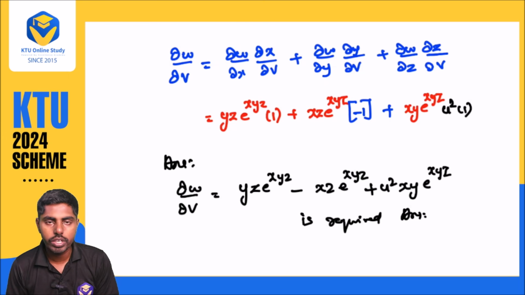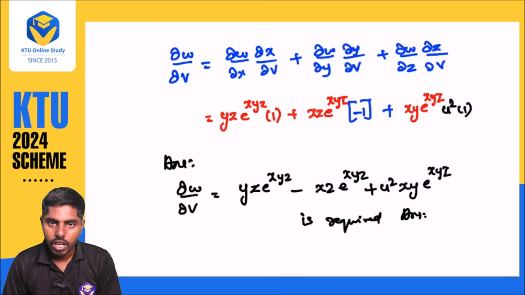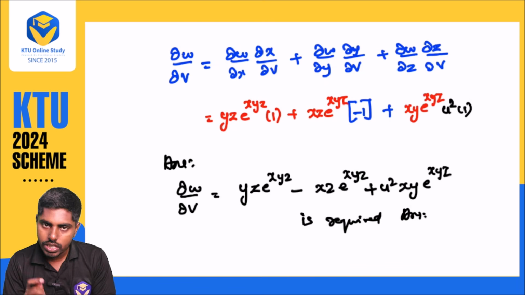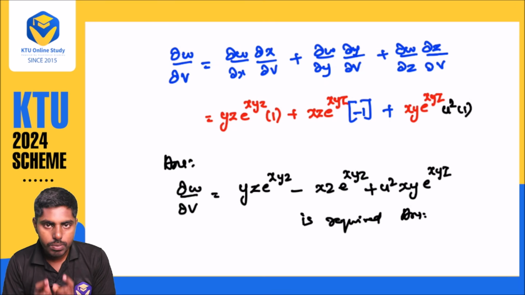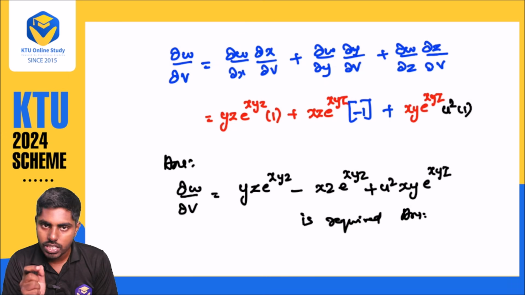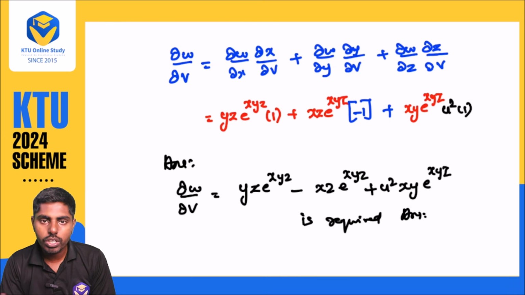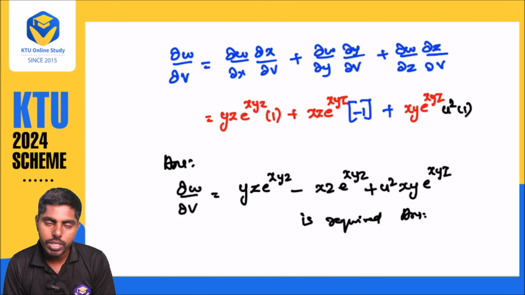So how are you drawing the diagram? I have been repeatedly saying: whenever a value is depending upon more than one variable, we take the partial derivative. If that value is depending upon a single variable like t, it is a differentiation you want to take. If more than one, you want to take partial derivative. If one, you want to take differentiation. Okay, this is the concept. Then you can arrange according to the formula.